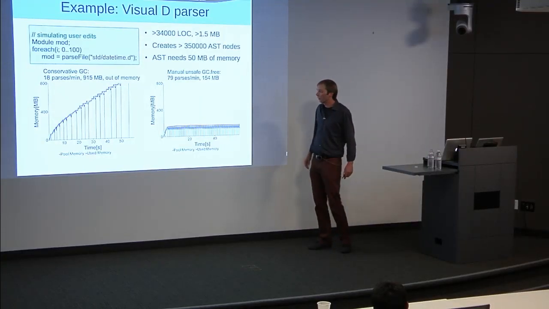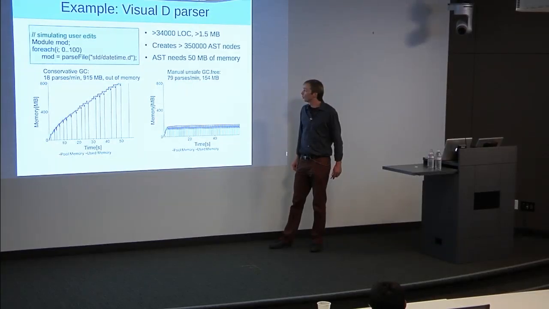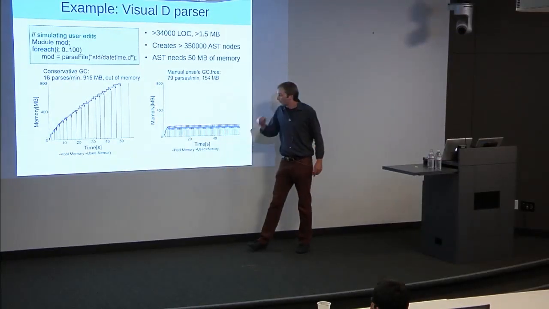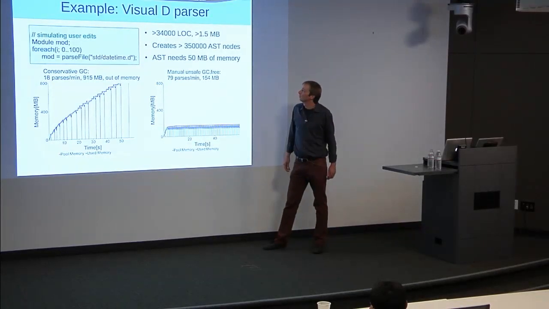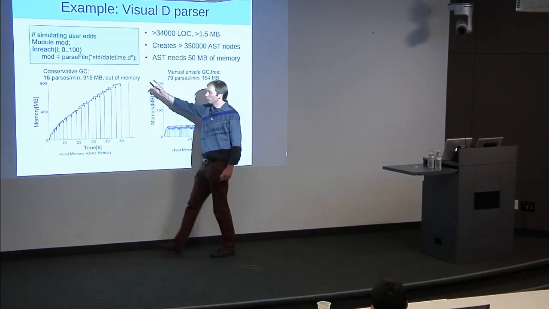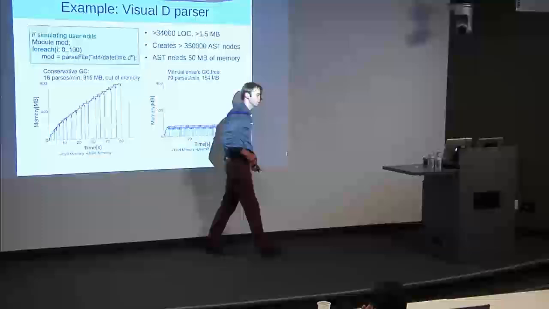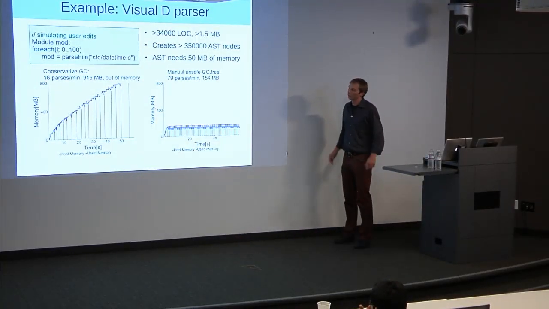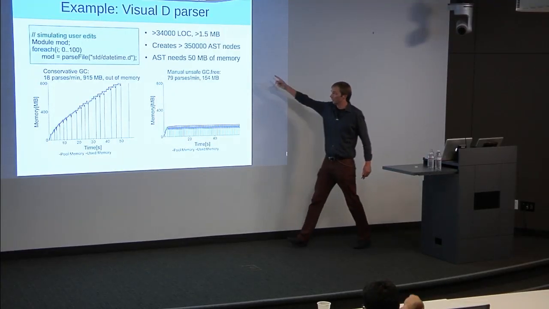This shows what to expect if the garbage collector would work perfectly, and that is about 2 times the size of the trees, because before the pass is complete, there's always the old version of the file still in memory. So we have twice the memory of one AST.